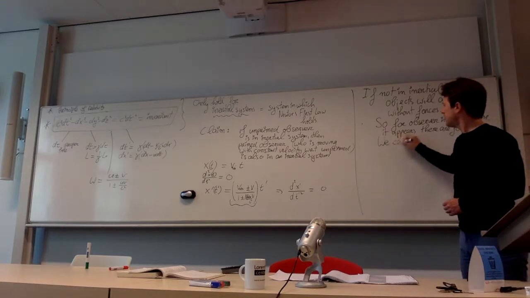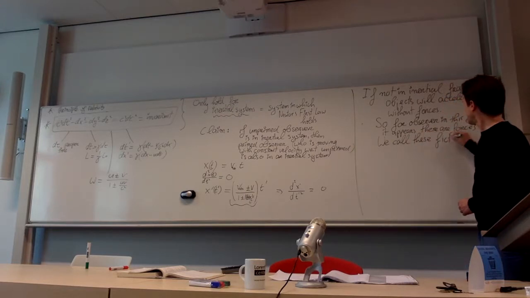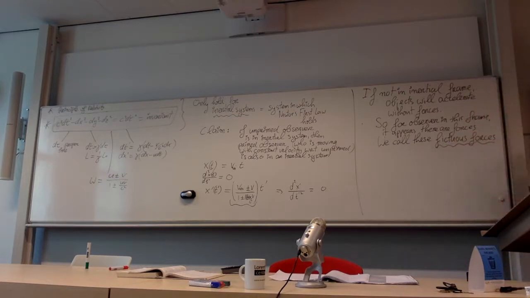And we call these fictitious forces. The way I always have this in mind conceptually: fictitious forces are the forces you feel or experience in your frame because you are dumb enough not to stay in an inertial frame.